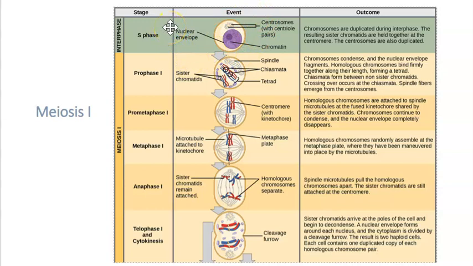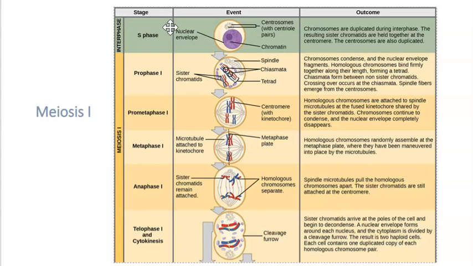So we're going to have gap 1, synthesis, and gap 2. In gap 1, cells are doing normal metabolic function. In synthesis, we're duplicating the chromosomes. In gap 2, we're duplicating more organelles and increasing the amount of cytoplasm.